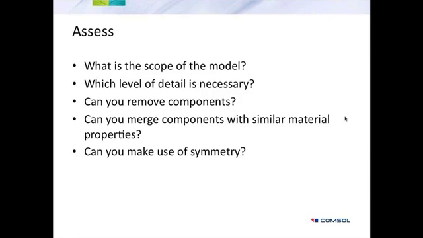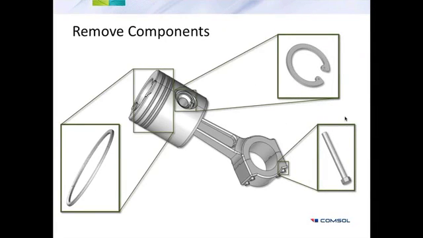So the first question you want to ask is, what is the scope of your model? What kind of detail is necessary to get the answers that you want? And when you get to the physical detail, you want to look at how to remove components, how to maybe merge them if they have similar properties, and how to apply assumptions about the symmetry in the parts. I had this picture of a piston and conrod assembly, and we would probably want to do some kind of structural and heat transfer analysis on it.